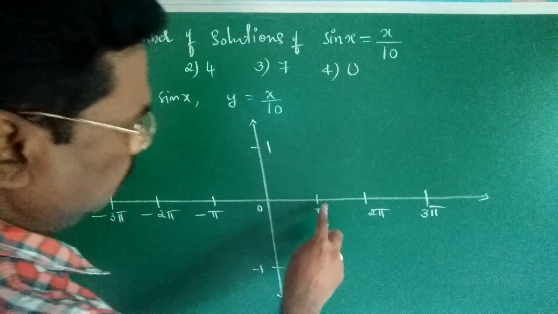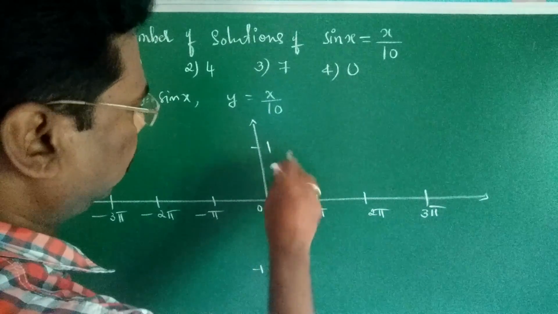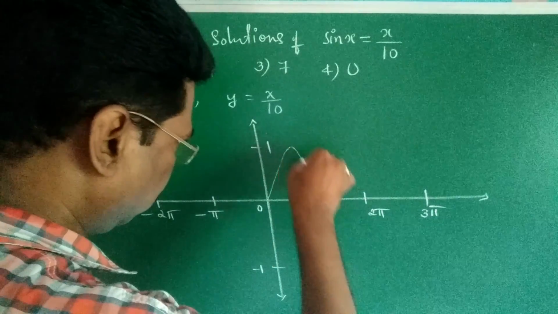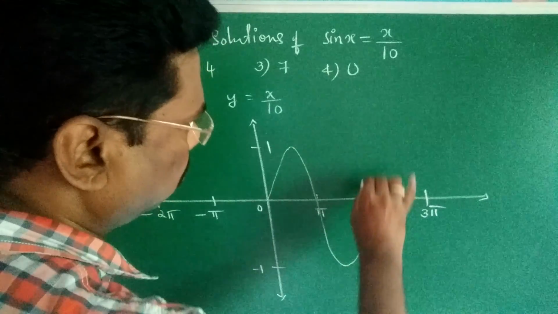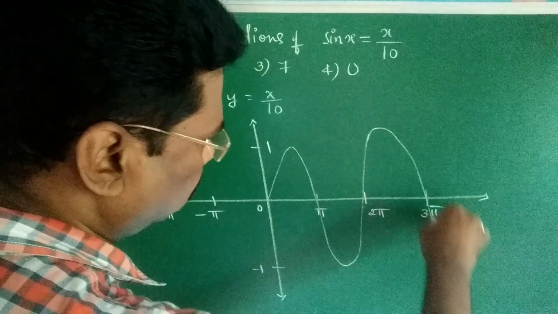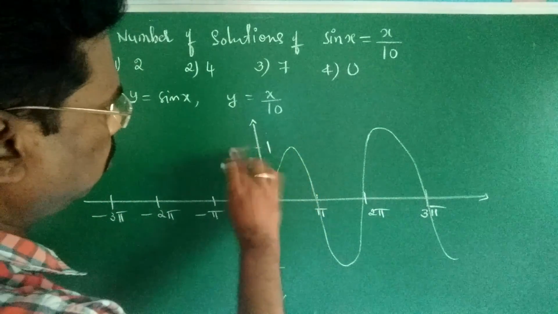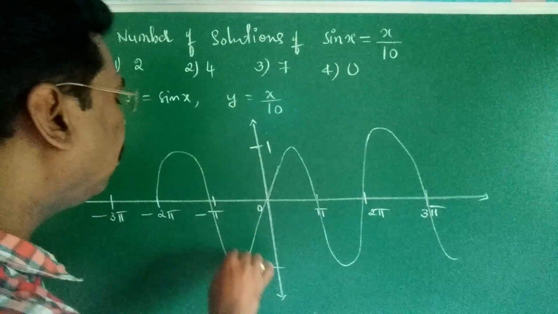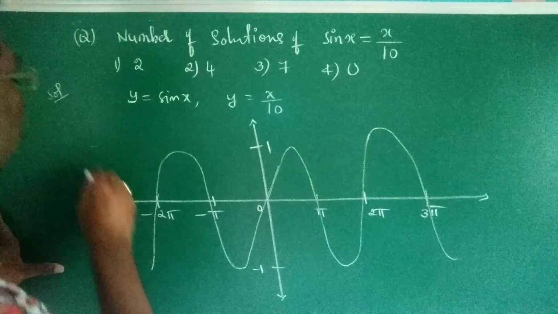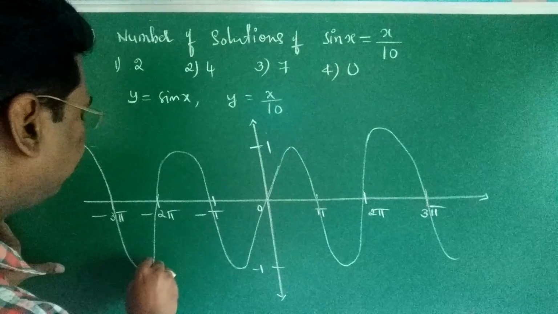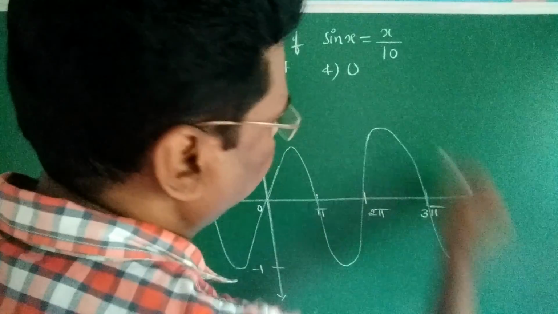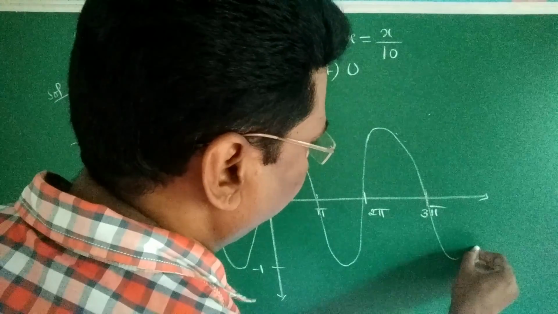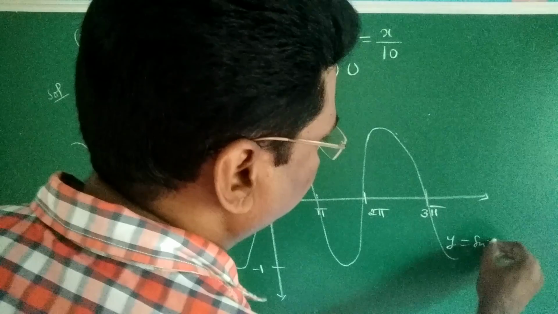Now here sin π/2, the maximum value is 1. Here this is a graph of y = sin x.